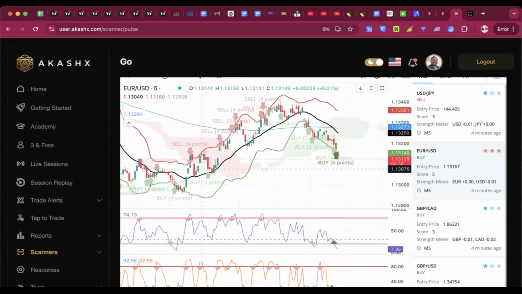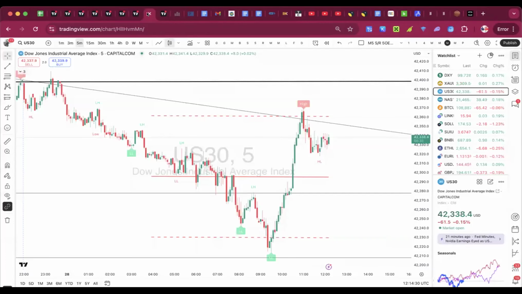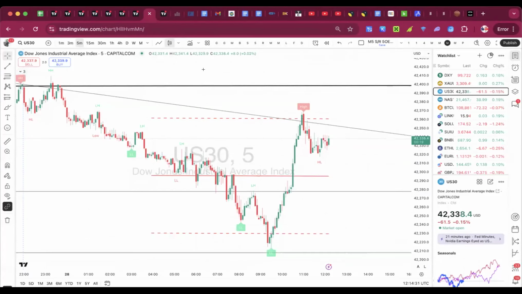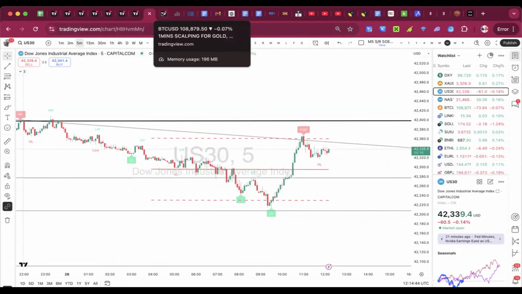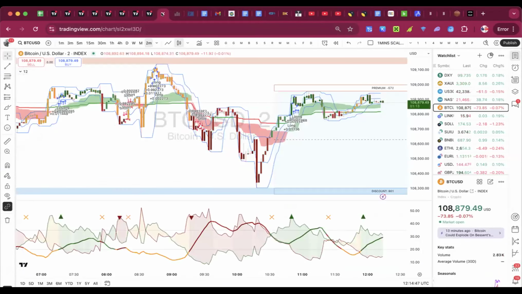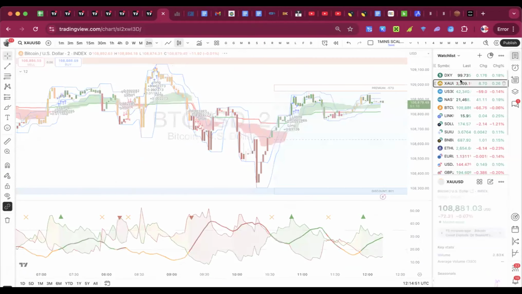So ladies and gentlemen, simple trading strategy. I have a lot of scanners that can help you to find entry and exit, and you can do nice well with some good profits. I have a lot of scanners, so you can see them. So look at gold.